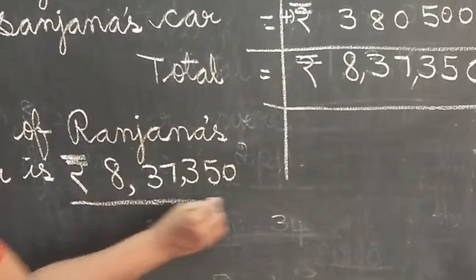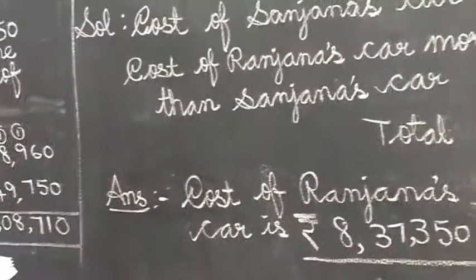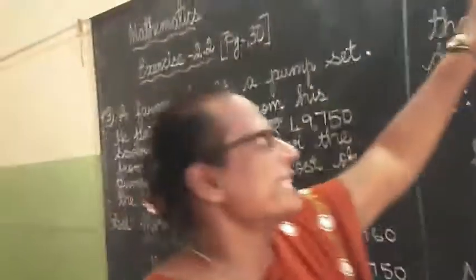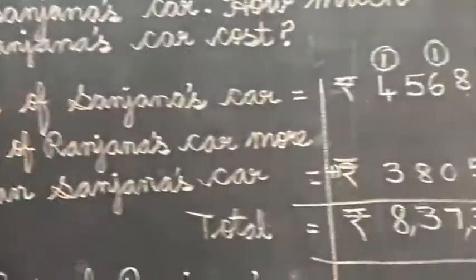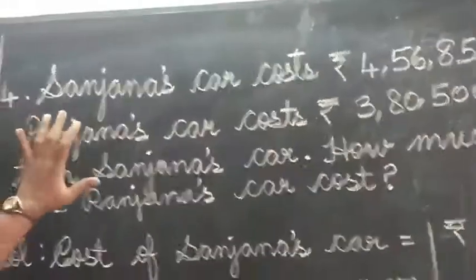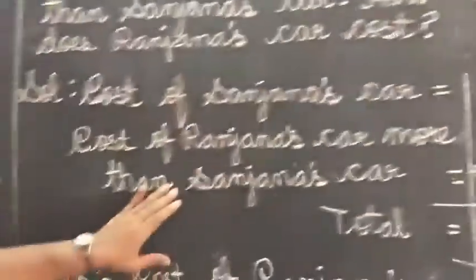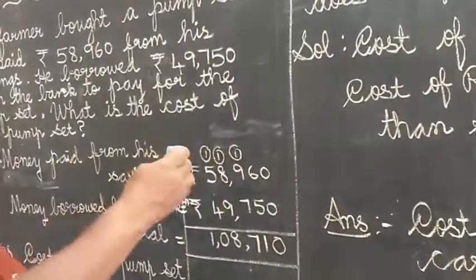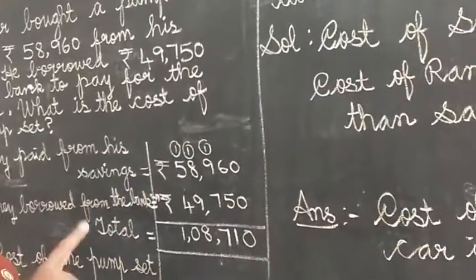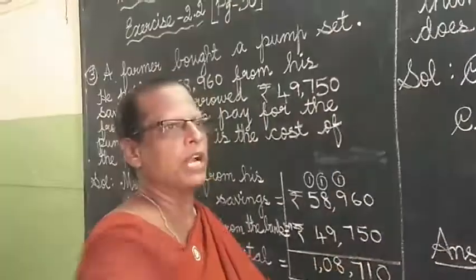Okay, children. While writing, what you have to do, children? Question and all in black pen. Answer in blue pen. Don't forget, again I am telling, question black pen, answer blue pen, and after finishing each sum you have to draw a line. If you draw a line, you can find it easily. Otherwise you have to do one sum in one page.